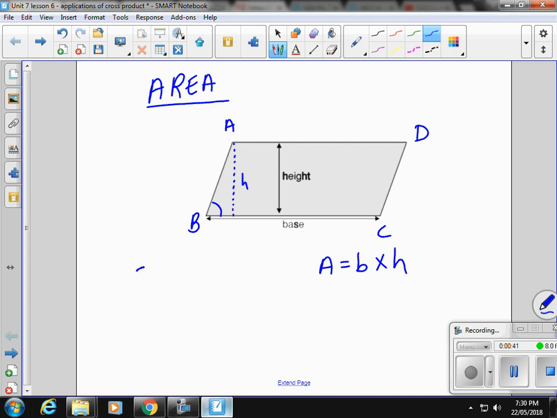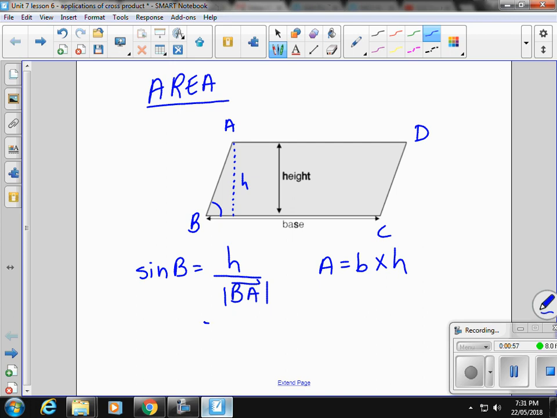So if I look at sine B, I can say that that's the height over the magnitude of BA as a vector. That would be my hypotenuse.